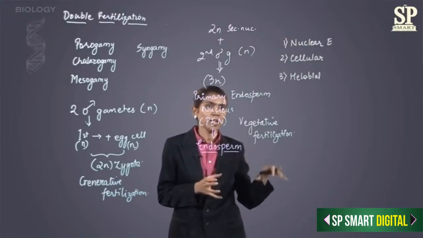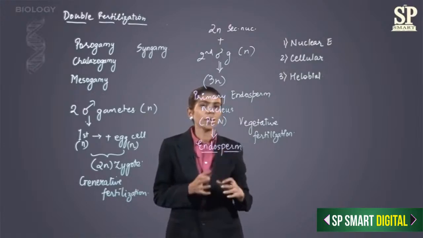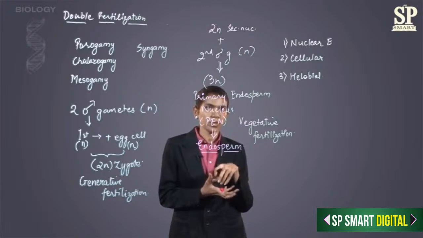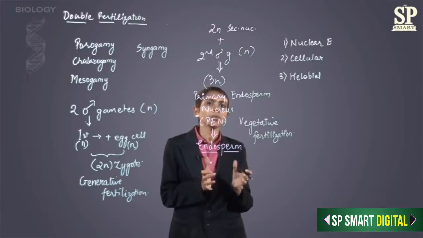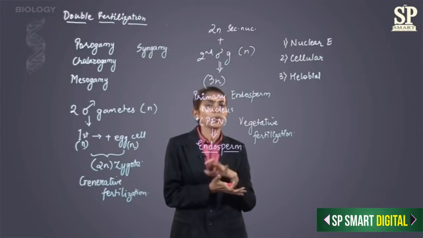Many nuclei are formed from the nucleus of the endosperm. The nuclei then get pushed to the periphery because a central vacuole is being formed. Then the cytoplasm begins to thicken so that the vacuole becomes smaller. But in the end, there will be only nuclei in the entire endosperm.